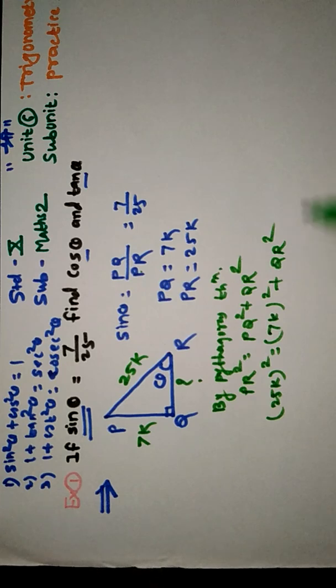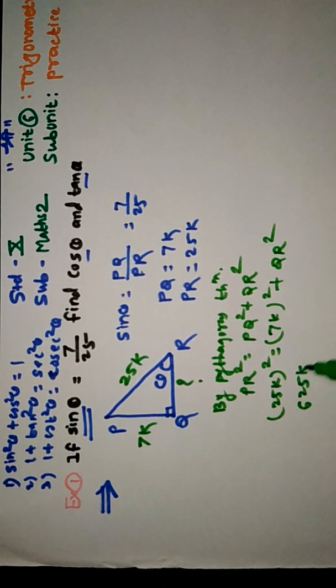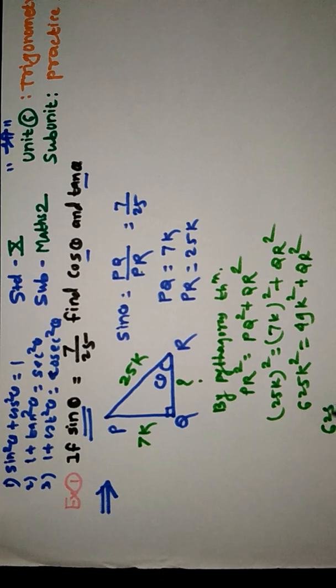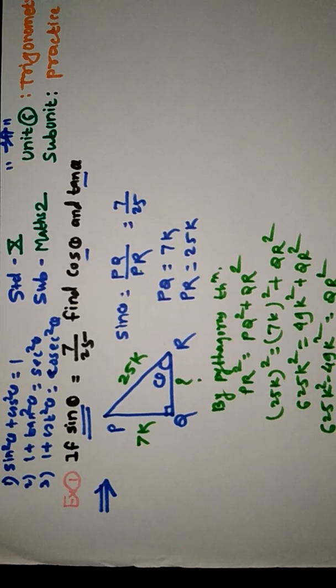QR we want to find. 25 square is 625 K square. 7 square is 49 K square plus QR square. Now subtracting 49 K square on this side, 625 K square minus 49 K square gives QR square.